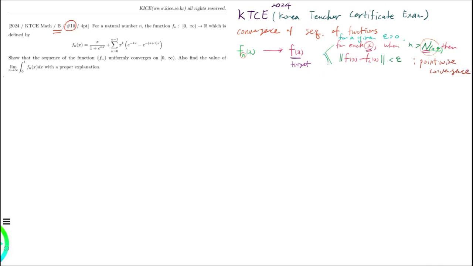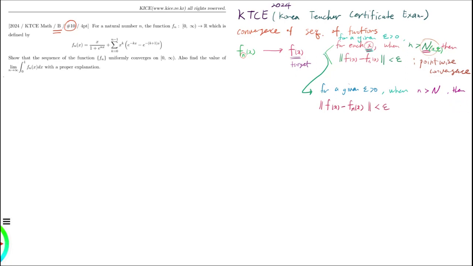For the second case, which is stronger, for a given positive number epsilon, we don't choose an x here, but when n is large enough, then the norm of the difference between the target function f of x and the sequence f n of x can be as small as you want.